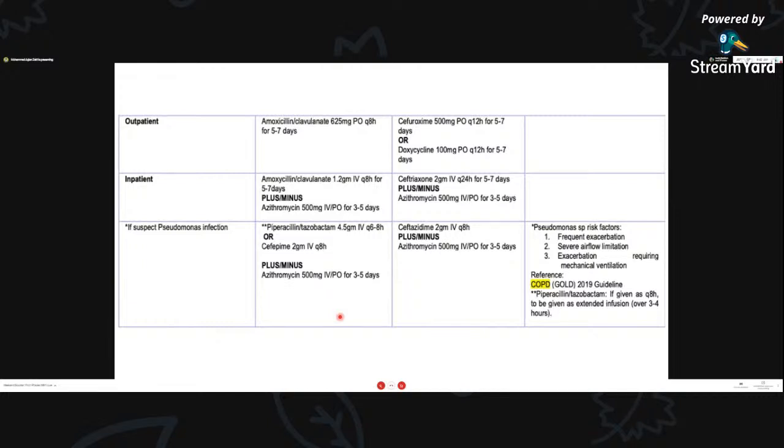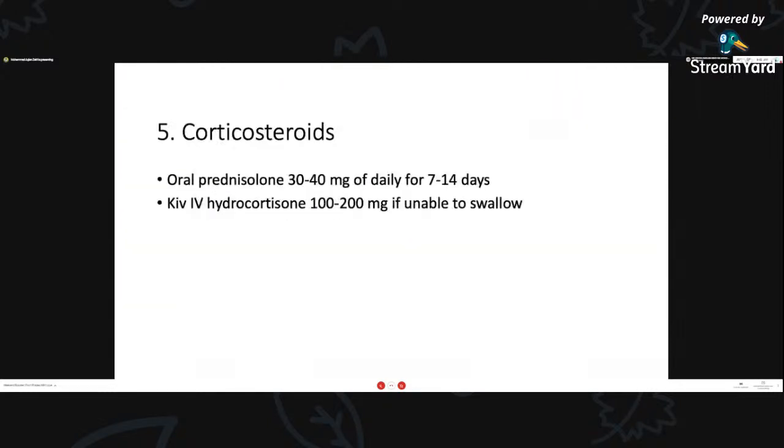The dose is also the same as what we see in community-acquired pneumonia patients: Augmentin 1.2 gram IV TDS for 5 to 7 days plus azithromycin. Azithromycin is to cover for the atypical organisms because they lack a cell wall. So actually this is the same as community-acquired pneumonia. If you get the chance, you can go through the guideline, and you can also go to the ward and see that the antibiotic being given is the same.